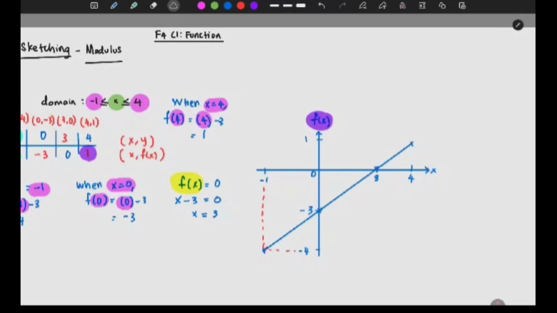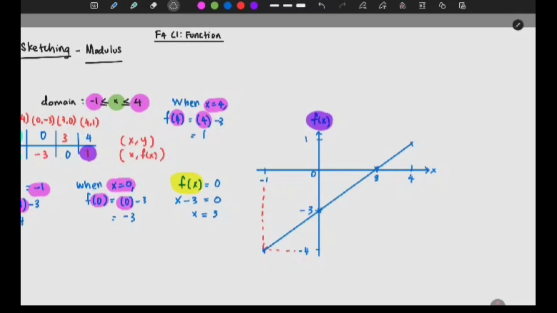Before I talk about the next part, this is how you sketch a graph when you're in lower secondary. But what's the difference in Addmaths, especially in this chapter, is when you have a modulus.